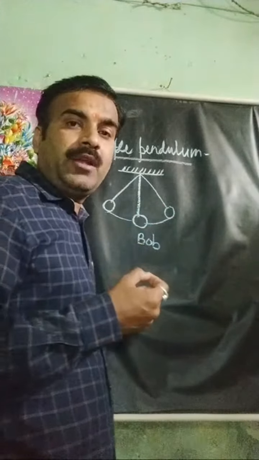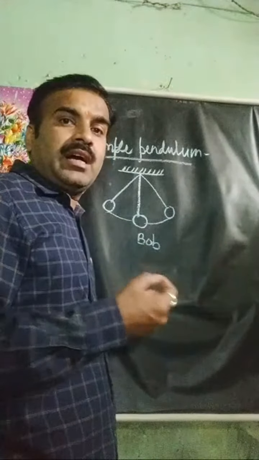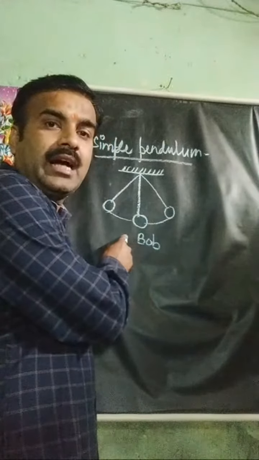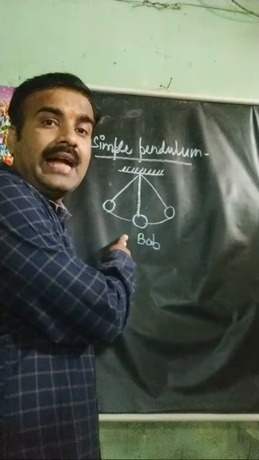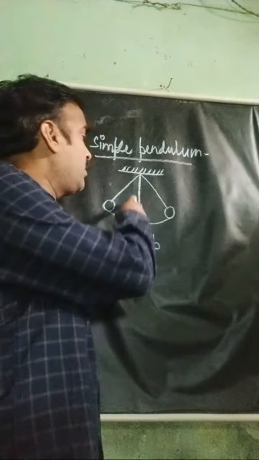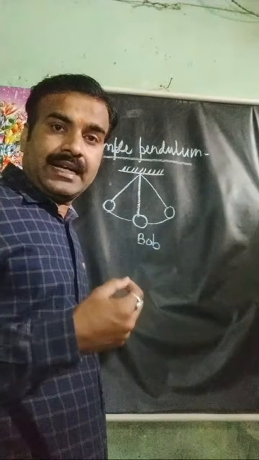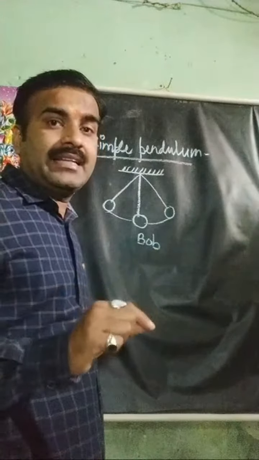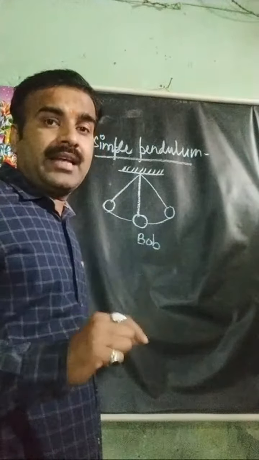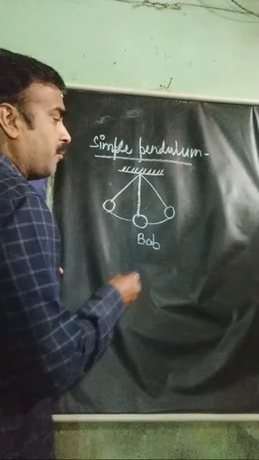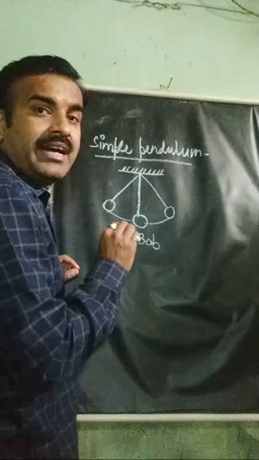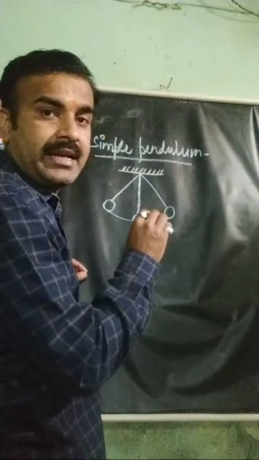So a simple pendulum is a device in which we take a bob, and that bob is attached to a weightless and inextensible thread. I also explained the formula by which you can find out the time period.